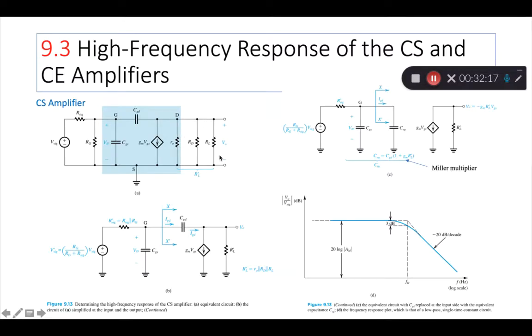Similarly, on the output side, you have the drain resistance RD, you have the load resistance RL, right? So once you complete this circuit, you have a real amplifier. That means your input signal gets multiplied by some gain AV, and you get the corresponding output voltage.